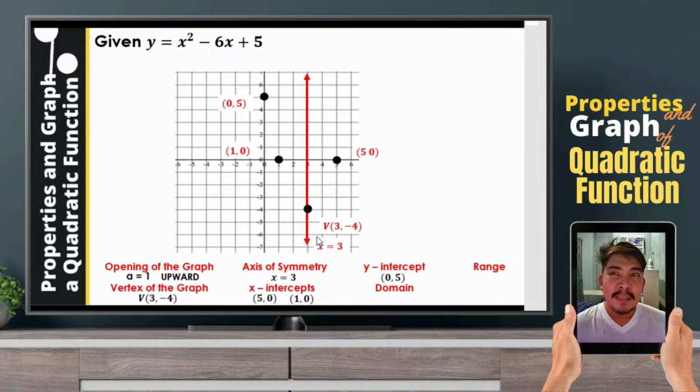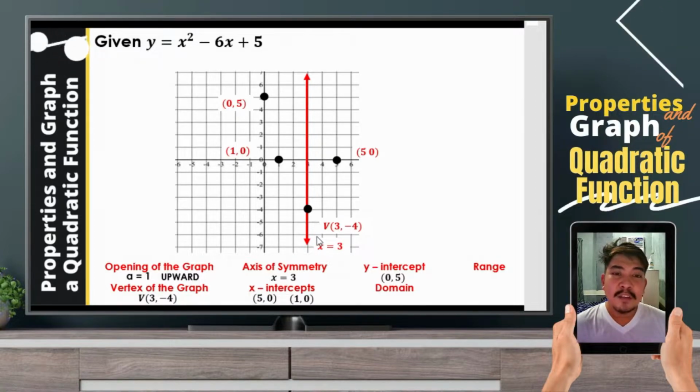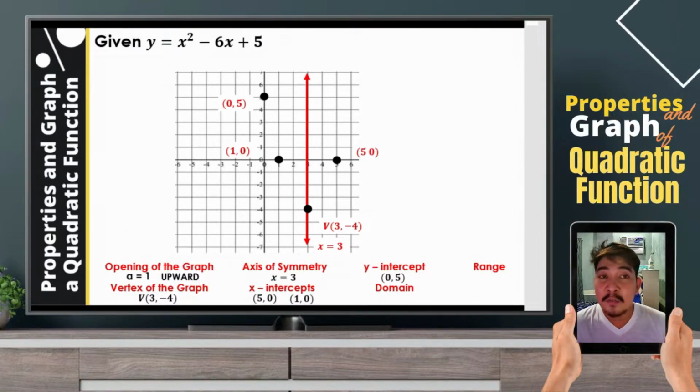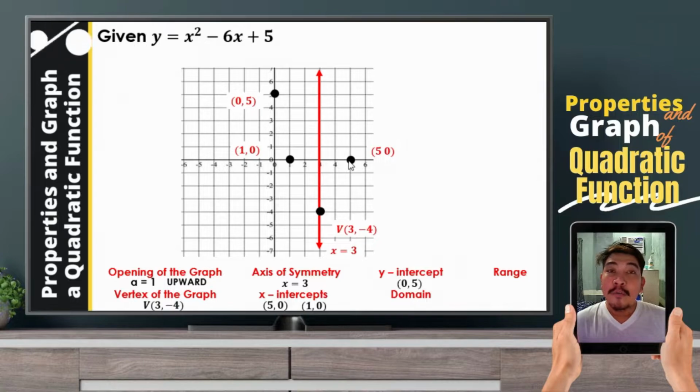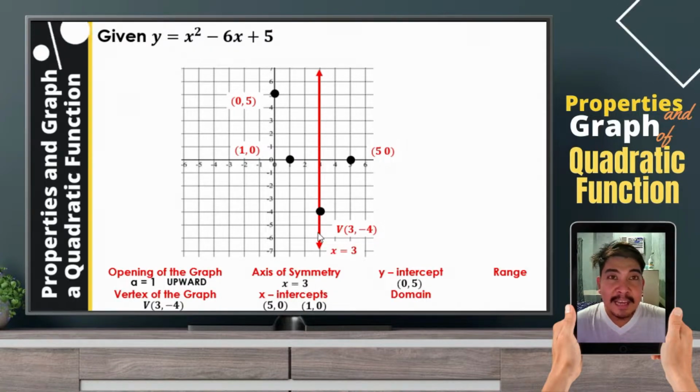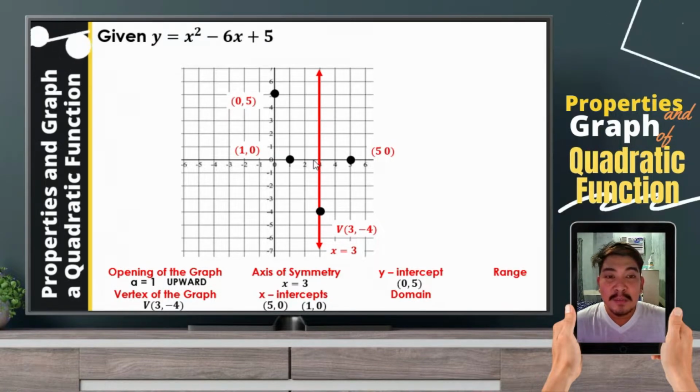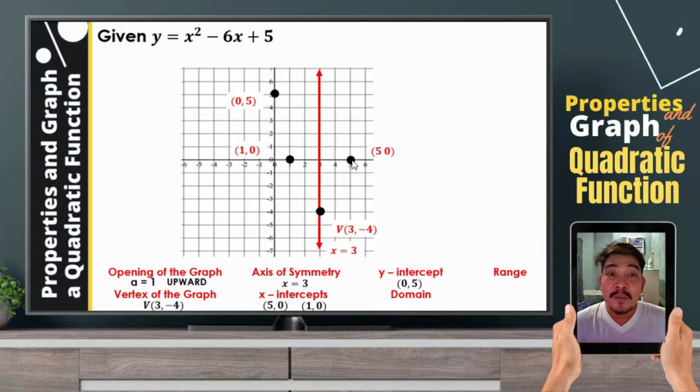How are we going to determine the other point for us to have 5 points for the accuracy of the graph? If you can see, the x-intercepts 1 comma 0 and 5 comma 0 are of equal distances with respect to the axis of symmetry. From 1 comma 0, there are 2 units to make it to the axis of symmetry. That will also be the same for 5 comma 0.